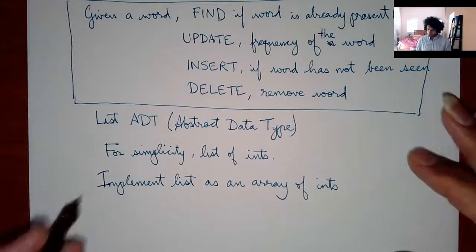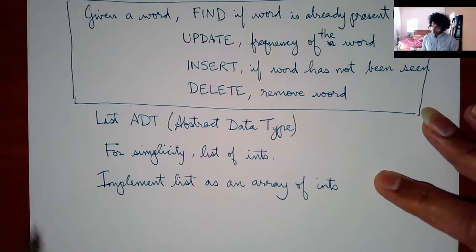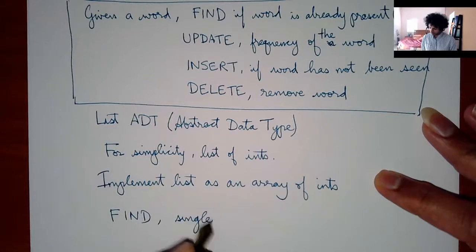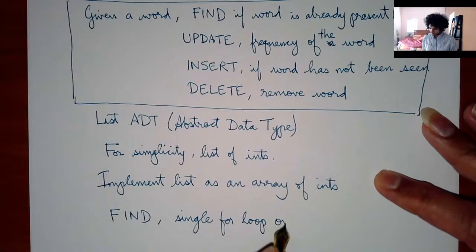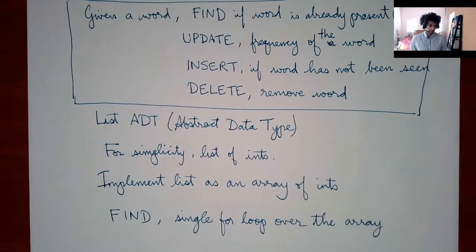Exactly. Okay, so now let's just say you store it as an array of ints. So you could do a find by just a single for loop over the array. Right? That would be a find. So that should be pretty easy, right?